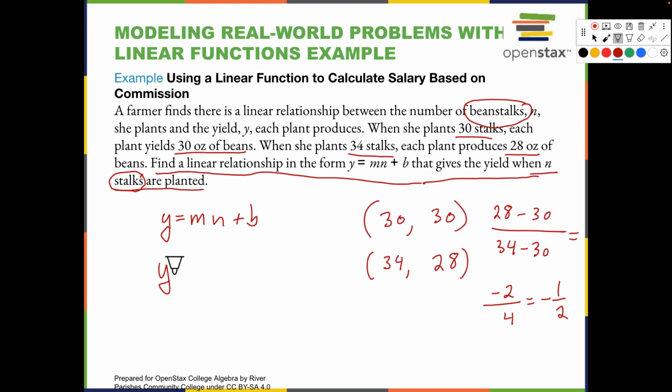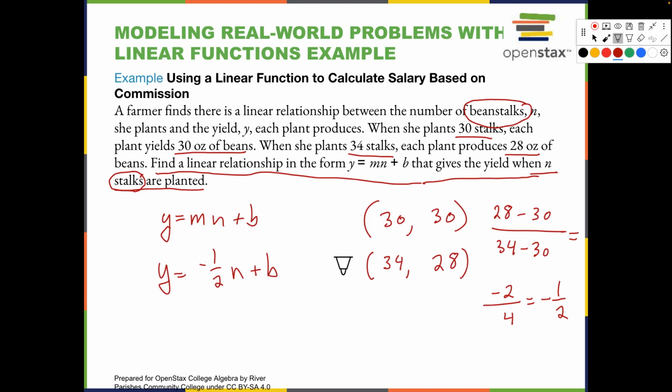So we have our slope: y equals negative 1/2 n plus b. How are we going to find b now? How do we find the starting value? We could use something called the point slope formula, but it's an extra thing to remember.